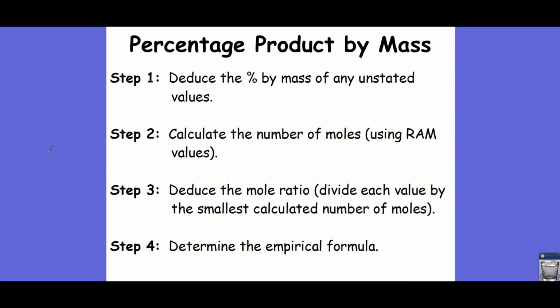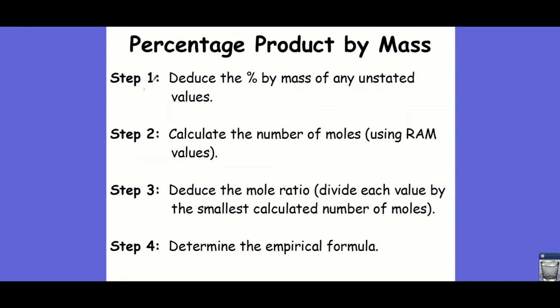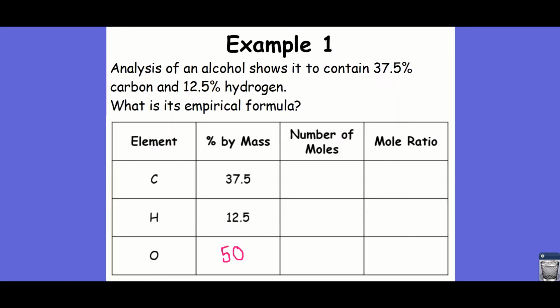So the first thing you would need to do is to deduce the percentage by mass of any unstated values. So we know we have 37.5% carbon, 12.5% hydrogen, so we must have 50% oxygen. So we've done this. The next step is to calculate the number of moles using the relative atomic mass values.